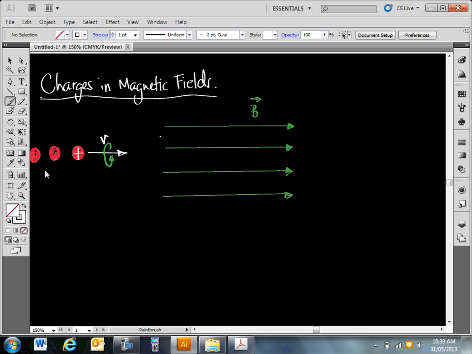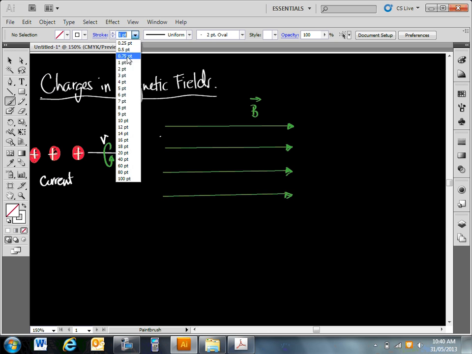If we have a group of charges moving at speed v, then we have what is called a current. What force is this charged particle, or this current of charged particles, going to experience?